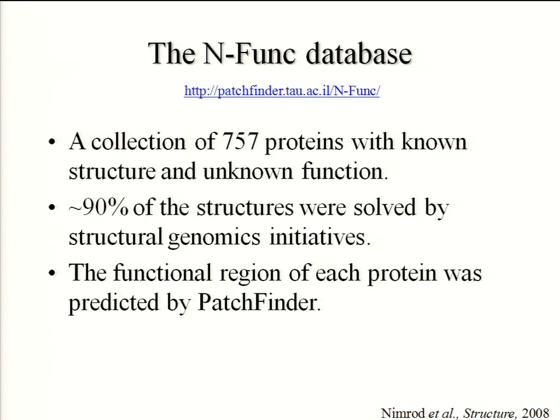Now, 90% of the structures were actually solved in structural genomics initiatives. Others were solved in other facilities. And the functional region of each of the proteins was predicted by this tool, the PatchFinder, and that's a starting point, as I said, hopefully to annotate the function of the proteins.